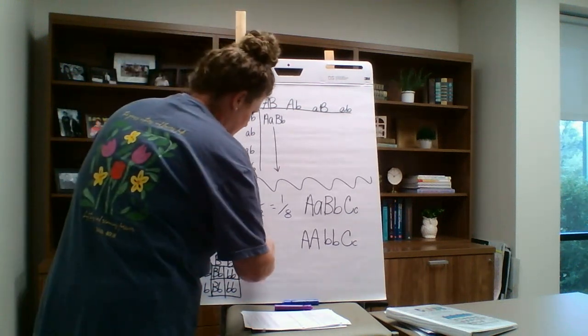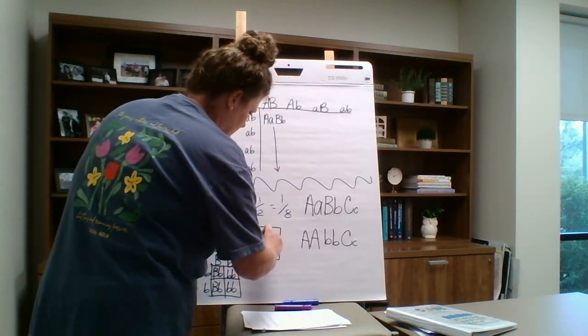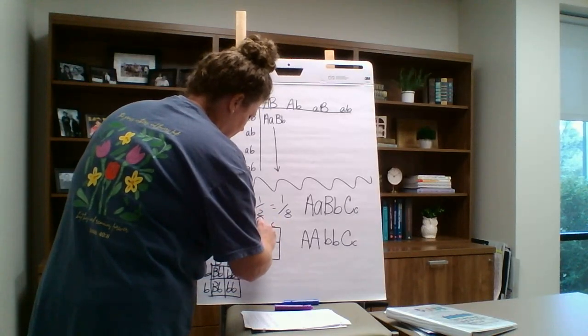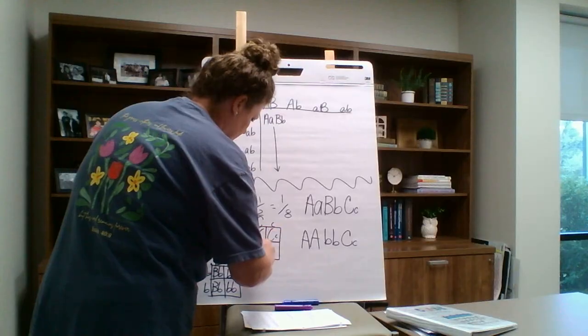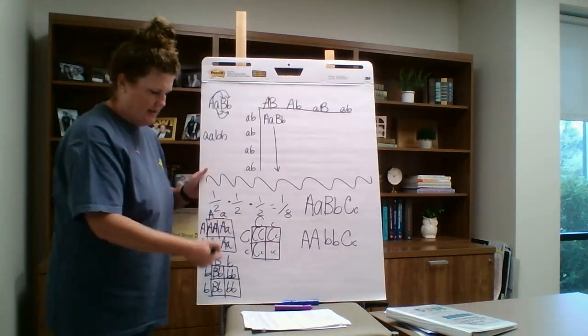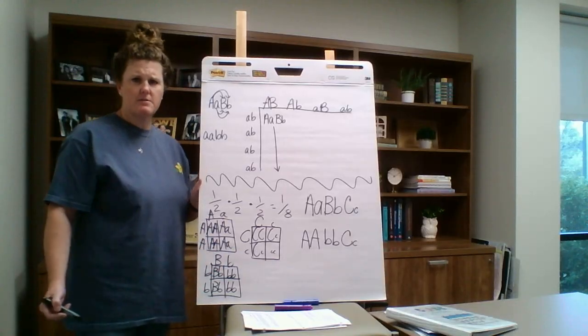And then for my C's, once again, be careful with these. I have big, little, and big, little. All right, so these are my independently inherited traits, okay?